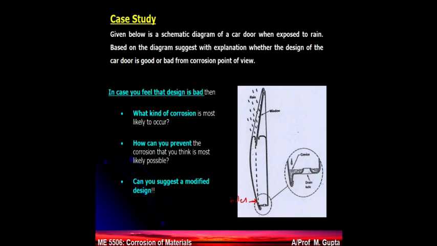All right. So next question. How can you prevent this type of corrosion? What can you do? If you understand what type of corrosion this is, the next stage is why this corrosion, what led to that corrosion? Factors.